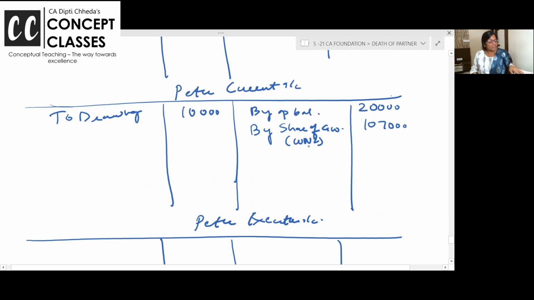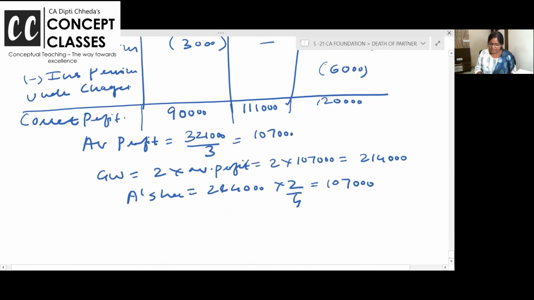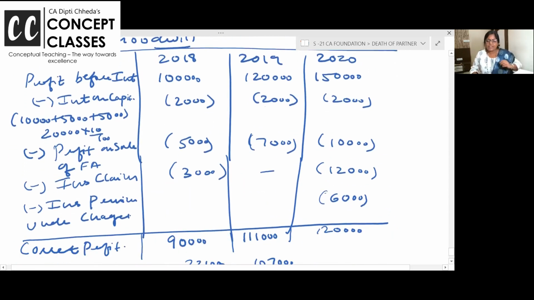His share of profits from the beginning of the accounting year to the date of death, which shall be taken on a proportionate basis of the previous year's profit. Okay. So last year's profit we will take as base. And what is last year's profit? It is here. 150 hai. Insurance ki galti.